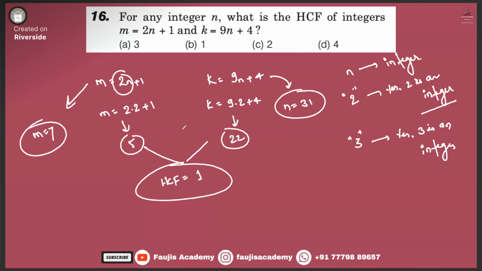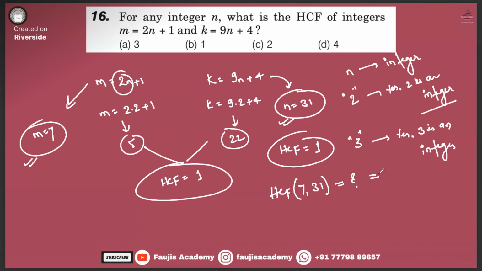So m and k, what is the HCF of 7 and 31, guys? It's 1, right? Yes, it's 1.